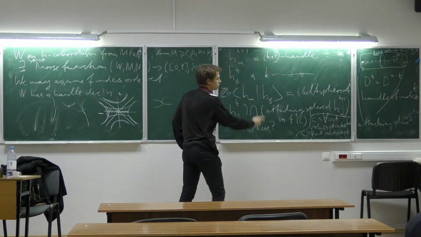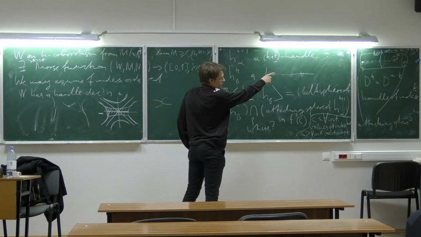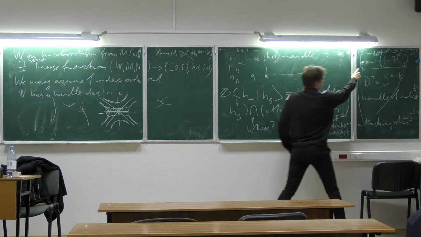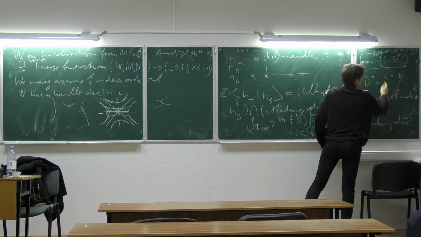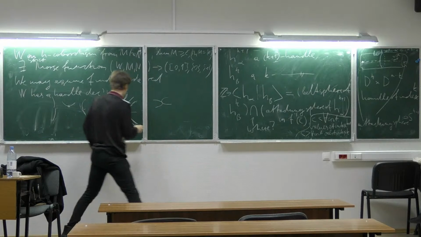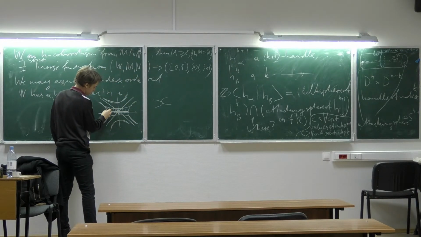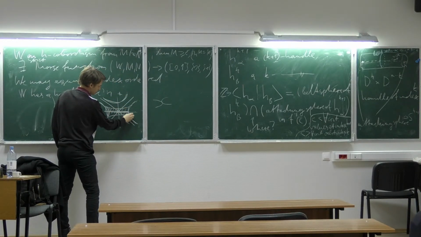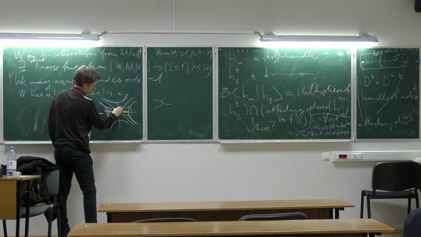Here this one is a core disk, so this is the attaching sphere, and this is a belt sphere.